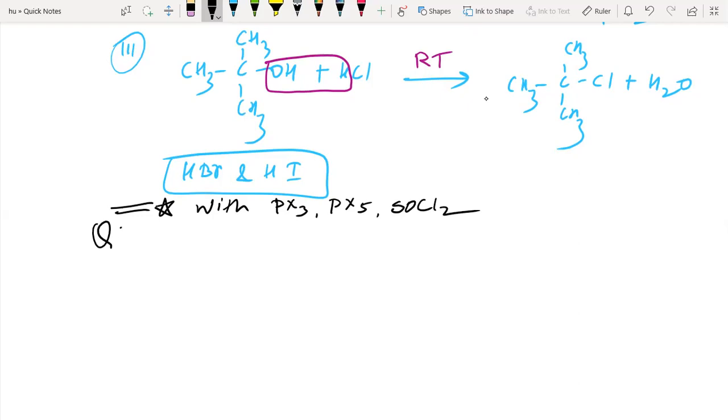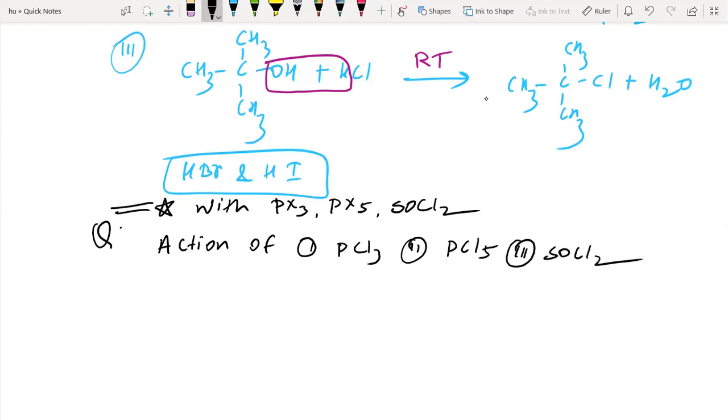So I'll put one question here: action of PCl3, PCl5 and SOCl2, that is thionyl chloride, on ethanol, what product will we get?